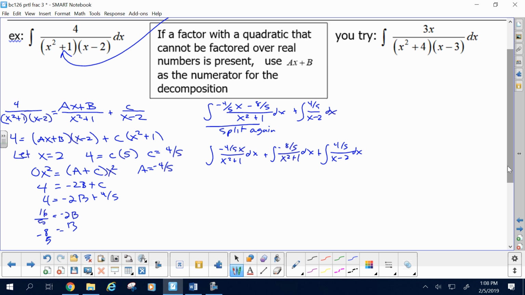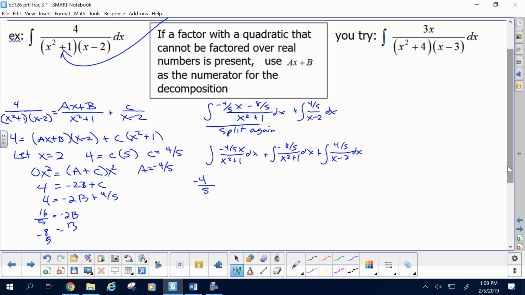All right, so that first one, do you actually want to use u-sub or just kind of mental u-sub? All right, so negative 4/5 can be brought out front. If u is x squared plus 1, then what's du? 2x.